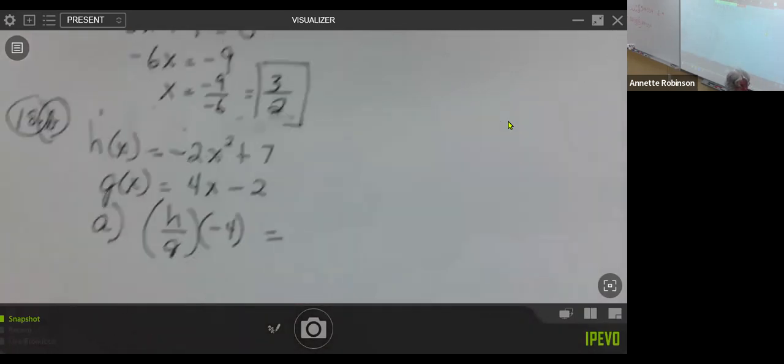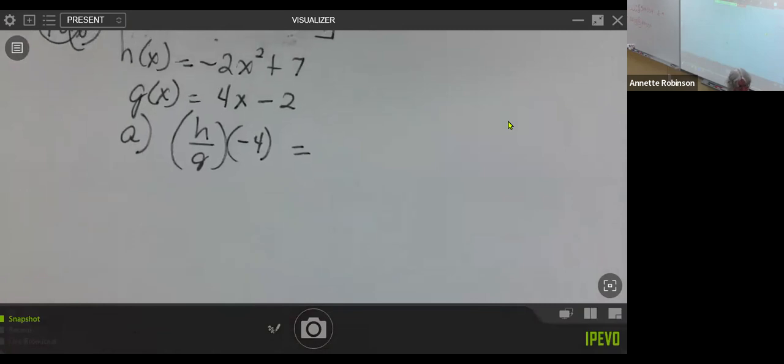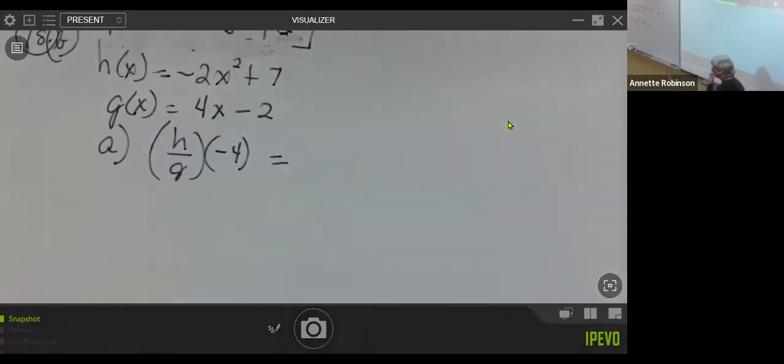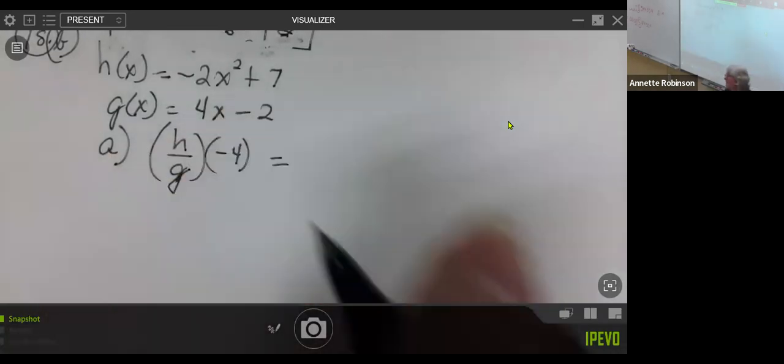So at your desk, would you please work that part A? That looks like a 9 instead of a g down there. I apologize. It's sloppy sometimes.